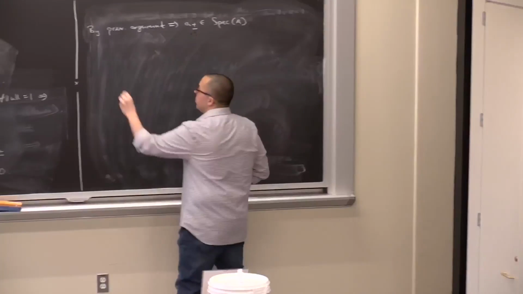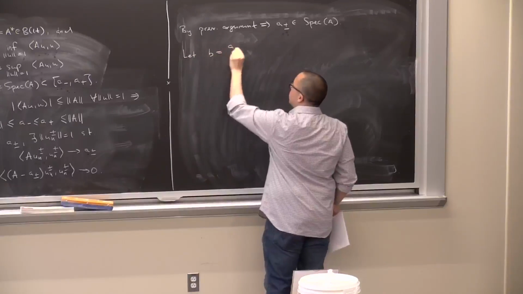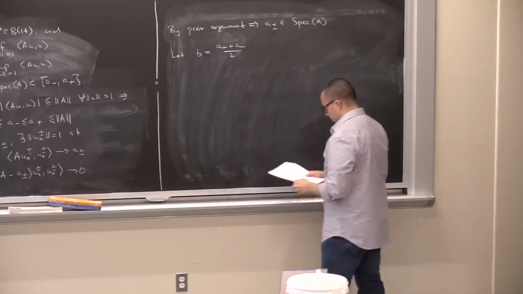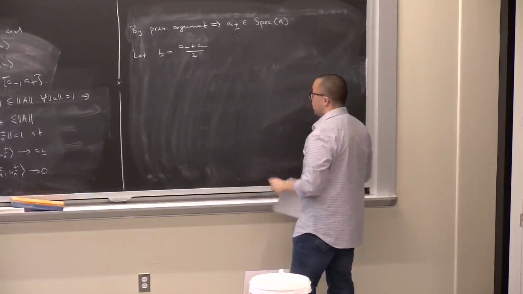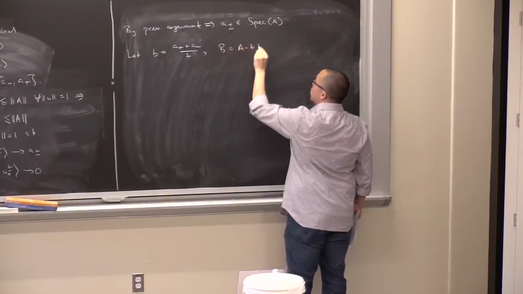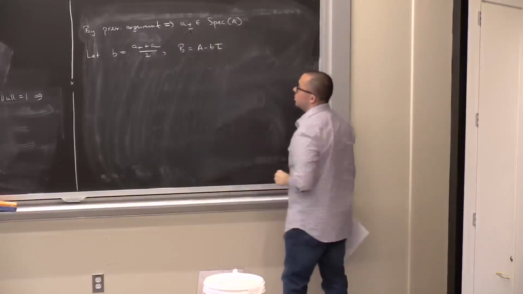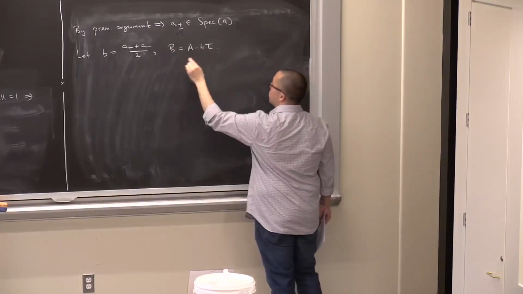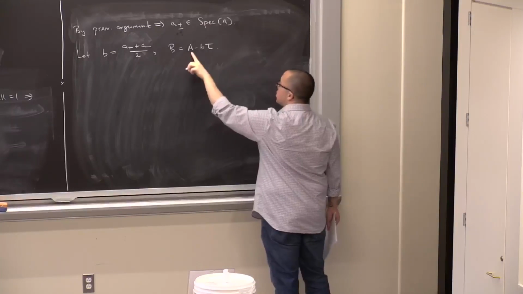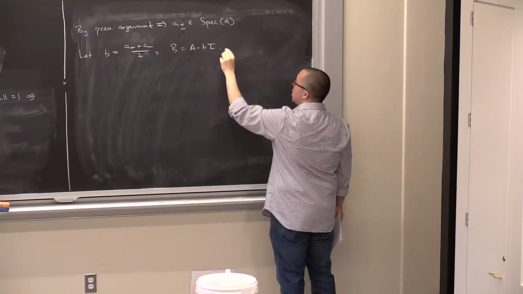All right, so let b be their midpoint, and B equals A minus b times I. Okay, now b is a real number because those are two real numbers. So capital B is the difference between A and a real number times the identity.